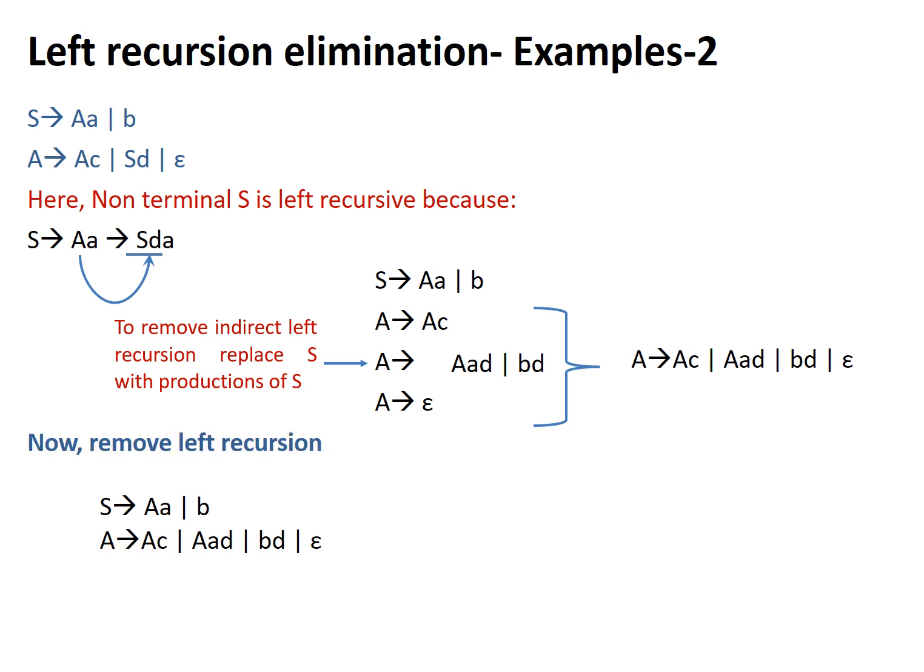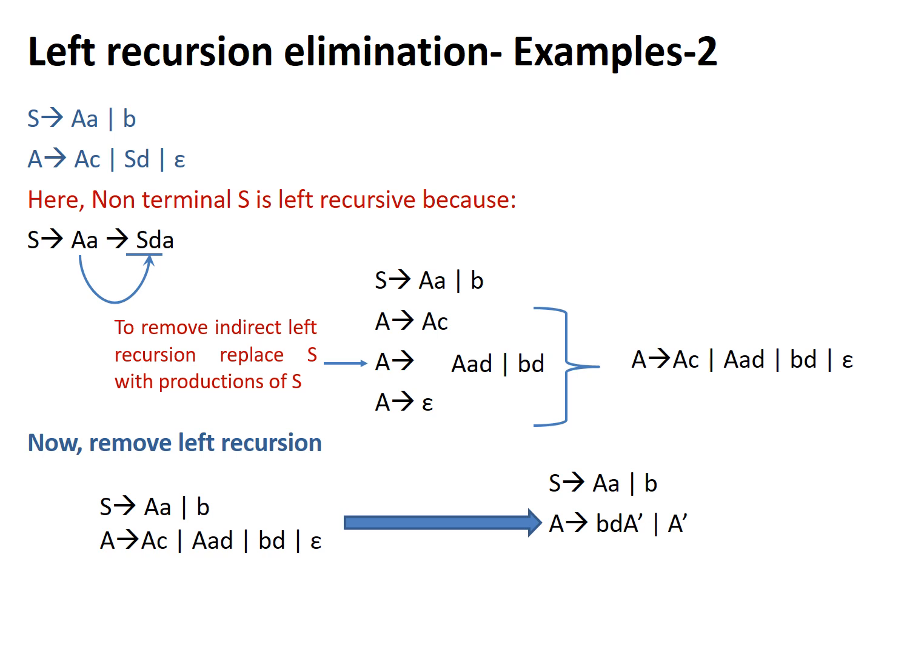Then how do you eliminate this? Now you have to apply those rules. First of all, the S production does not have a left recursion since you have removed the indirect left recursion of S. Then in the A production, there are beta 1 and beta 2 here. Beta 1 is BD and beta 2 is epsilon.